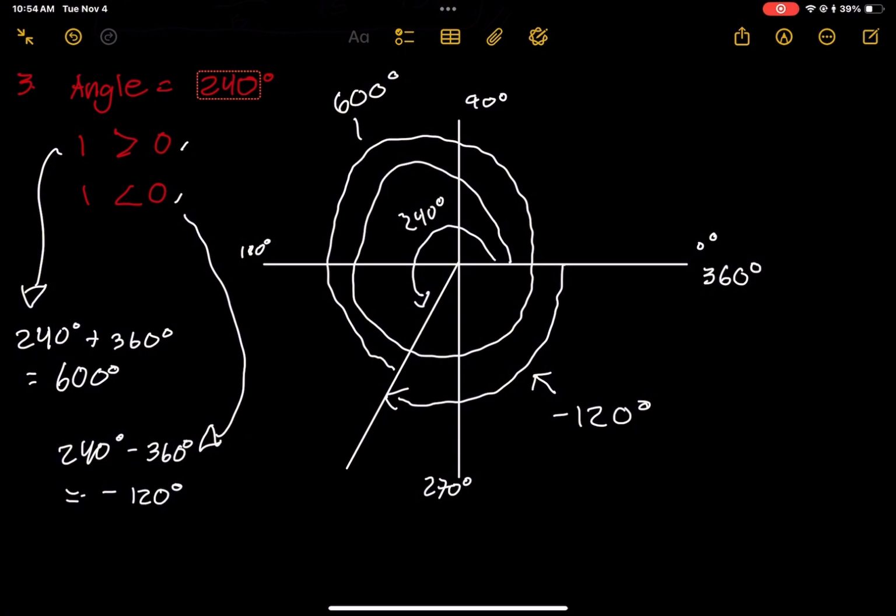Moving on to the next one, we have our angle theta at 30 degrees. We have to find one positive coterminal angle and one negative coterminal angle.